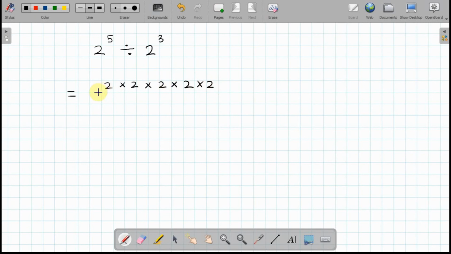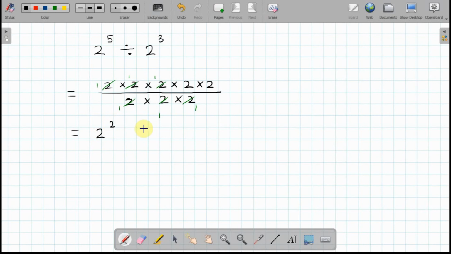And when you're dividing this, all of it is being divided by 2 times 2 times 2. So if I want to simplify, this 2 will cancel out with this because 2 goes into 2 once, and then this 2 cancels out. 2 goes into 2 once, and this 2 cancels out this. So I'm left with just 2 times 2.